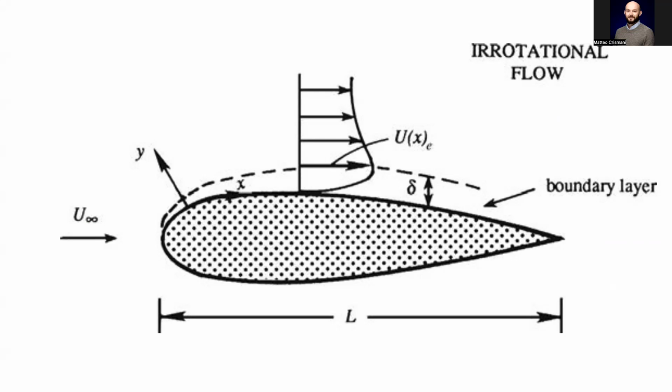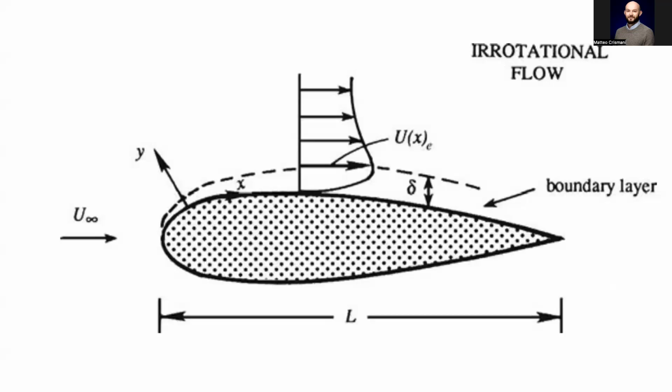But what you'll notice is that there is this thing that's called delta, right? We call it the boundary layer. And this is a region in which the steady laminar flow transitions towards zero. You can kind of see that from the velocity profile here, u of x, where x is vertical.